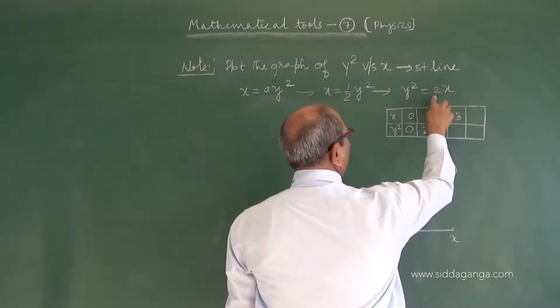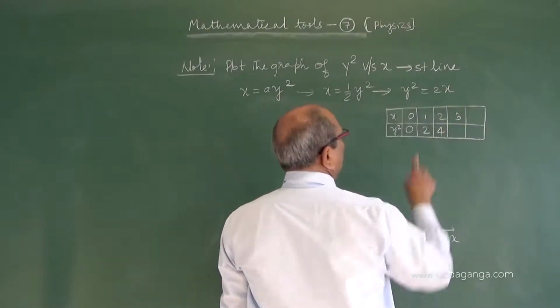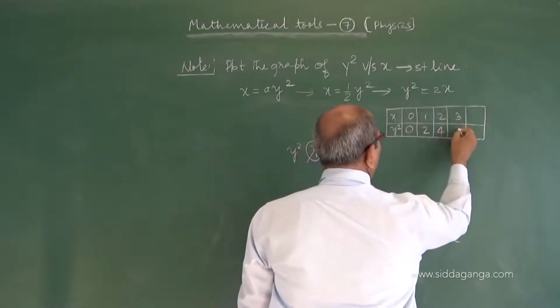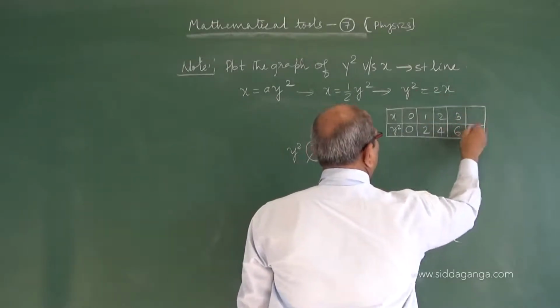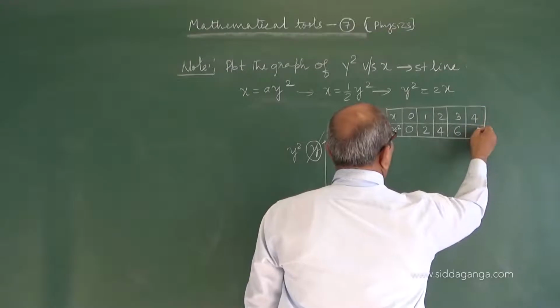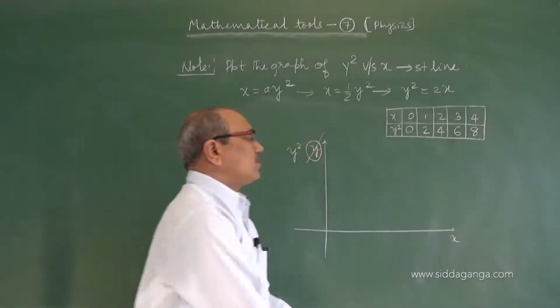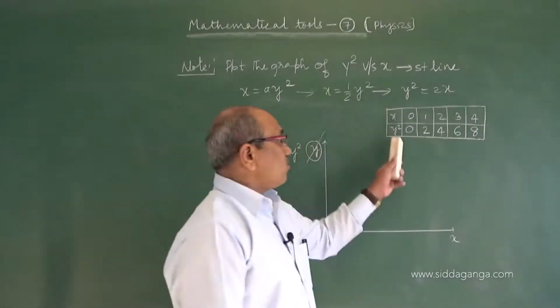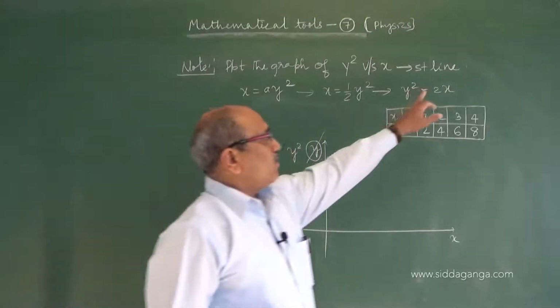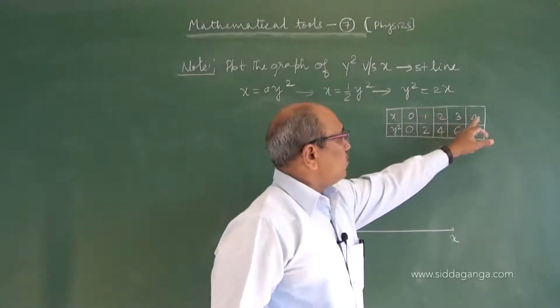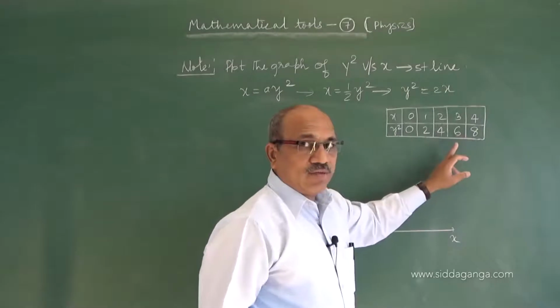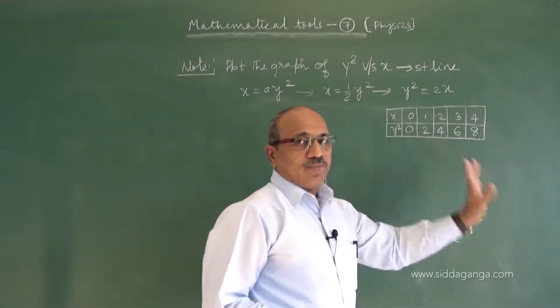If I place 2, 2 twos are 4. If I take 3, that becomes 3 twos is 6. If I take 4, 4 twos is 8. The variation is x and y square. For every value of x, we got the y square value, not the y value, y square value, remember.